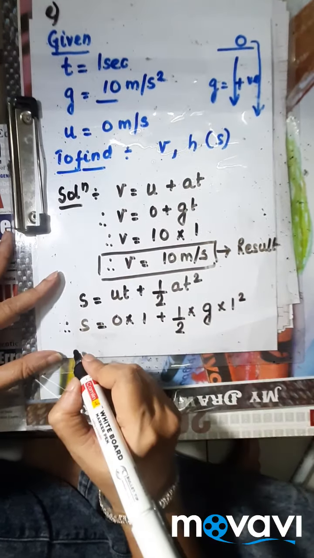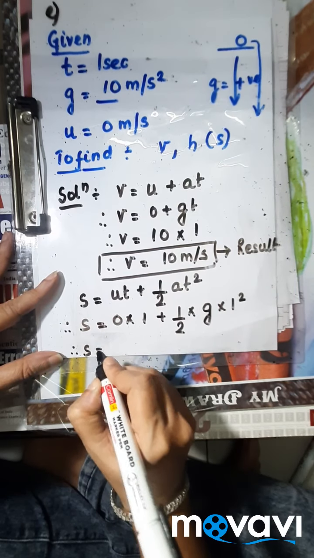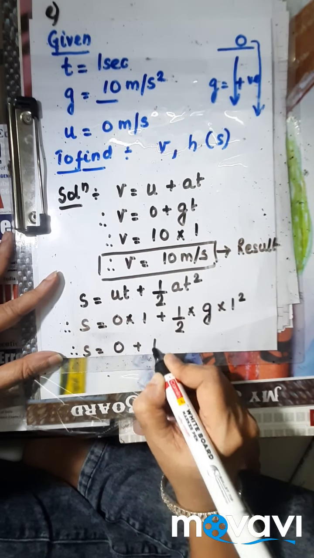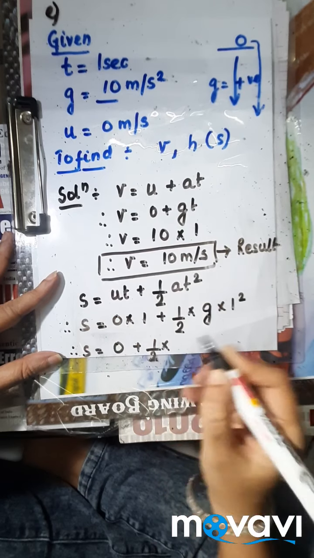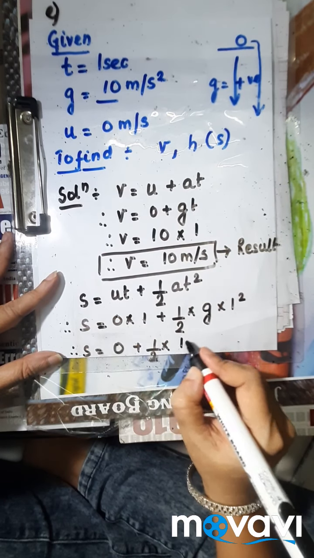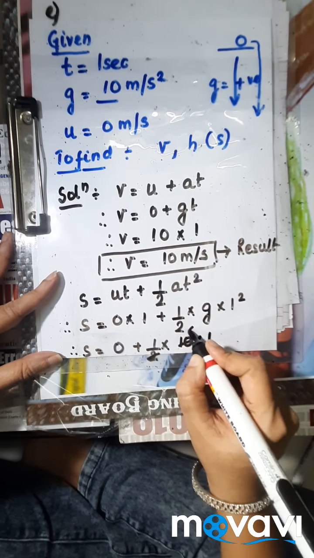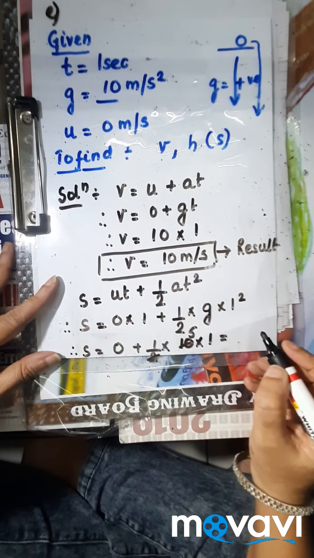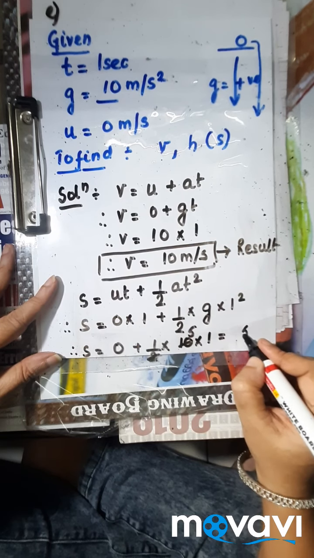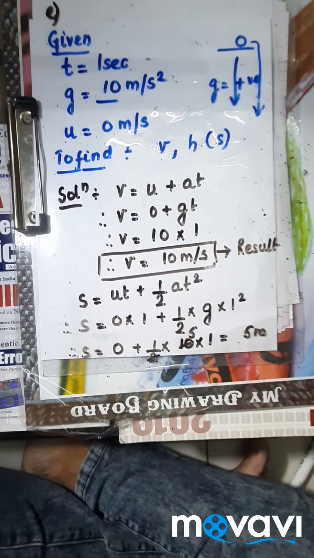But I have to substitute this value. Therefore my s is equal to 0 plus half multiplied by, my g is how much? 10, multiplied by 1. So 2 ones are 2, 2 5s are 10, so my s is equal to 5 meter. S is equal to 5 meter.